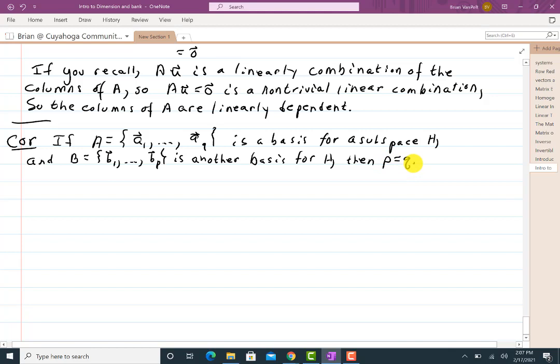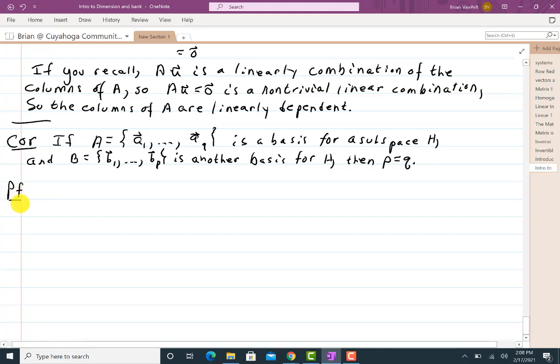That means if you give me two bases and they have a different number of vectors, that can't happen, is all it's saying. If they go by the name basis, then all bases have the same number of vectors.